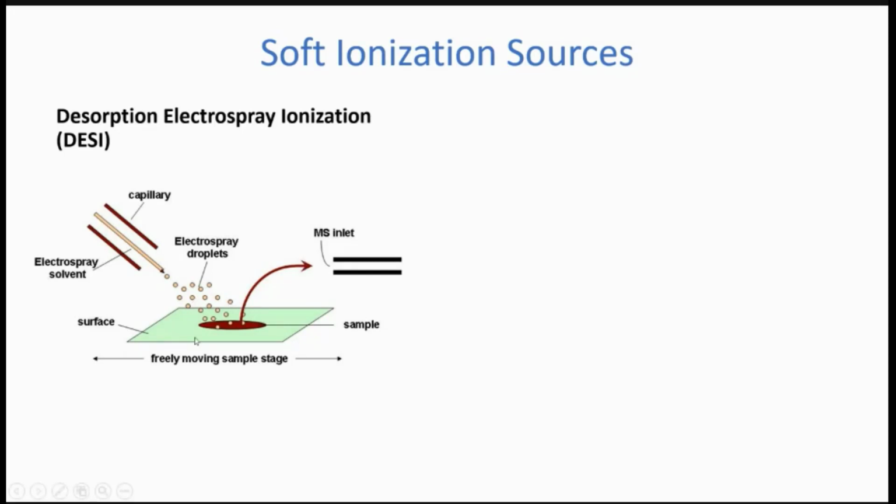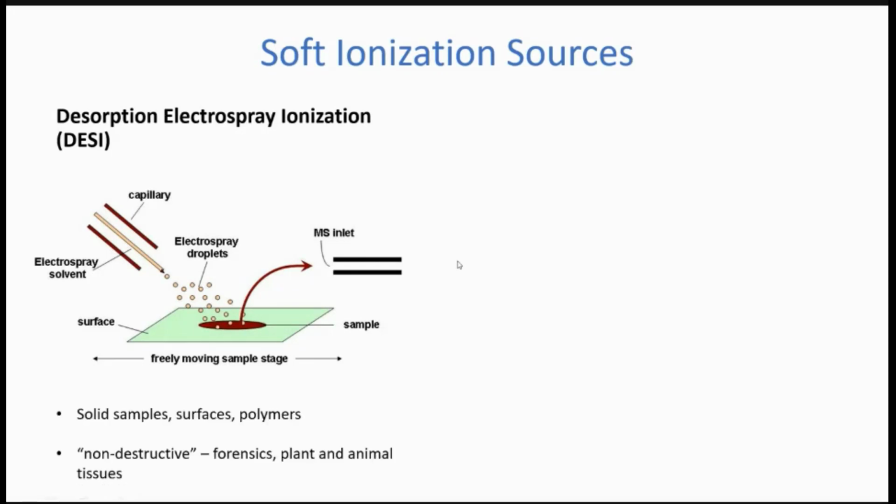This is where you have a sample on a surface, and usually it's on something similar to the stage of a microscope that can move around. And you basically bombard the surface with an electrospray source. So there's solvent and applied voltages and heat, and these electrospray droplets hit the surface and eject ions from the surface, the samples in the surface, and that goes into the mass spec.